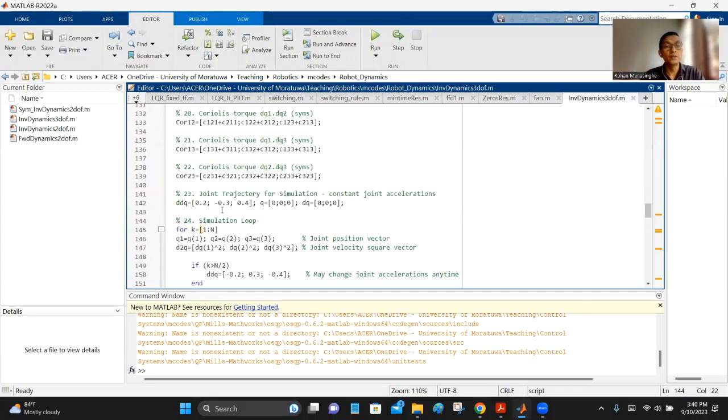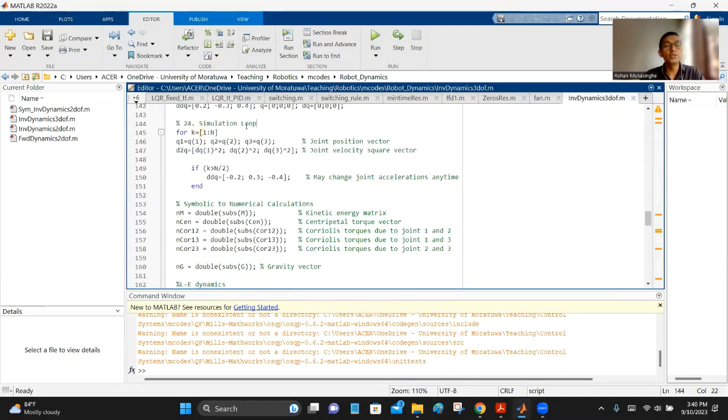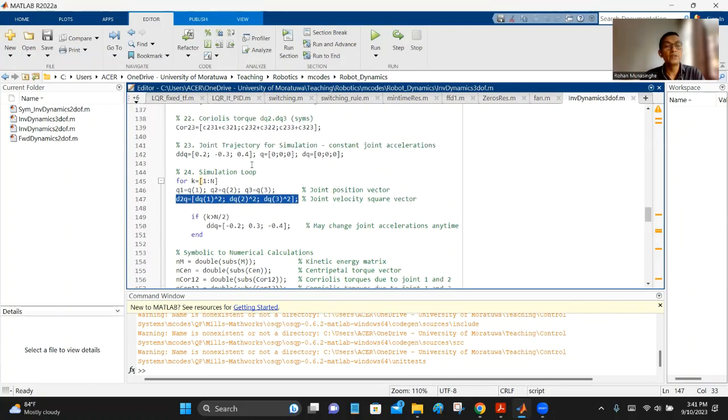So this is the simulation loop starting over here. Q1, Q2, Q3, starting with some joint angles, and then you generate your velocity, starting with some acceleration here. Can you see the acceleration given here?